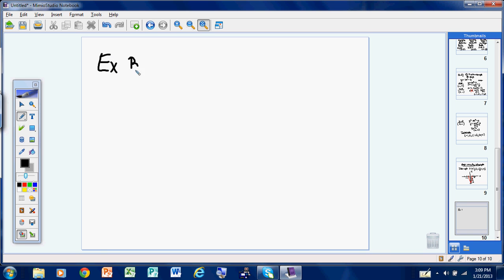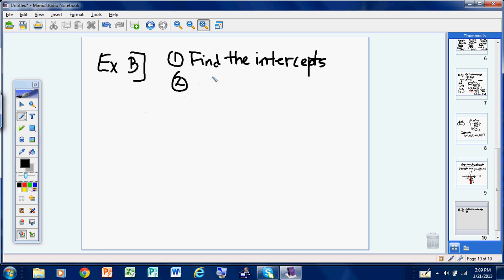Example B is going to have us do two things. It's going to have us find the intercepts, and number 2, it's going to have us test for symmetry this time.